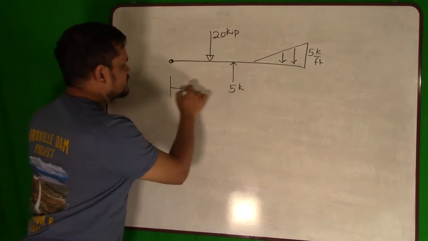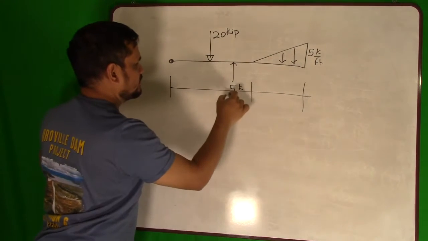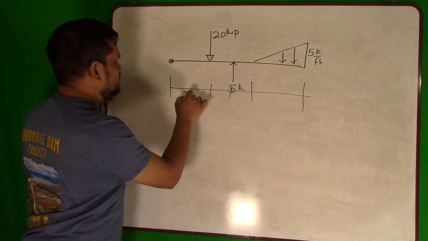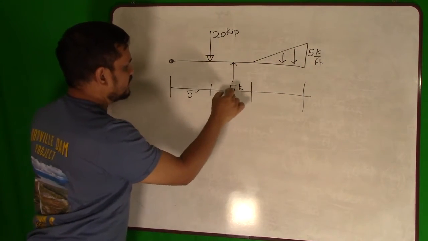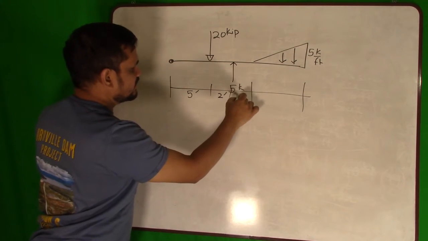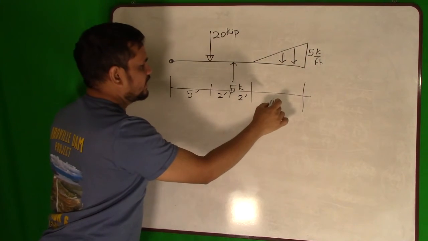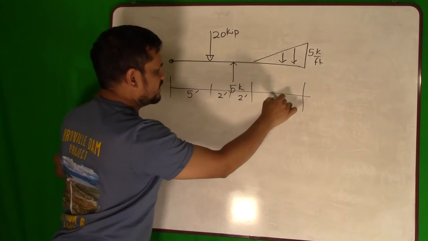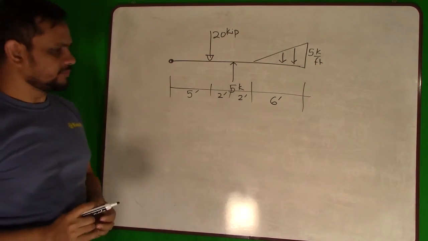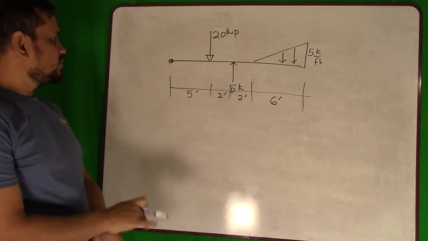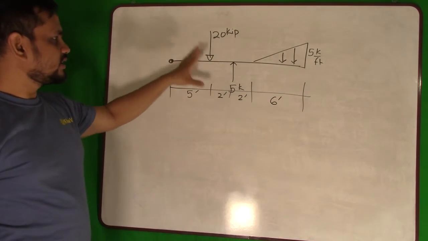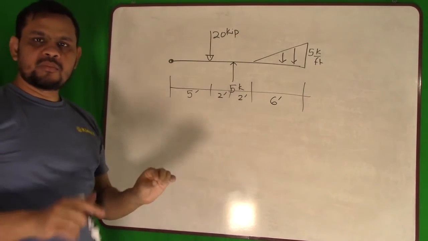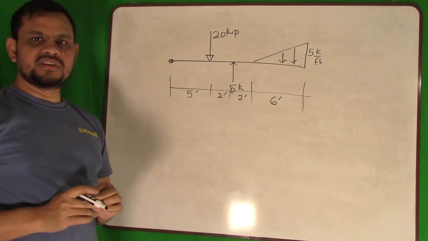What are the distances? Say this is 5 feet, this distance is 2 feet, this is say 2 feet, and this is say 6 feet. It looks logical to me. Okay, we will try to find the resultant of these forces and the point of action of this resultant.